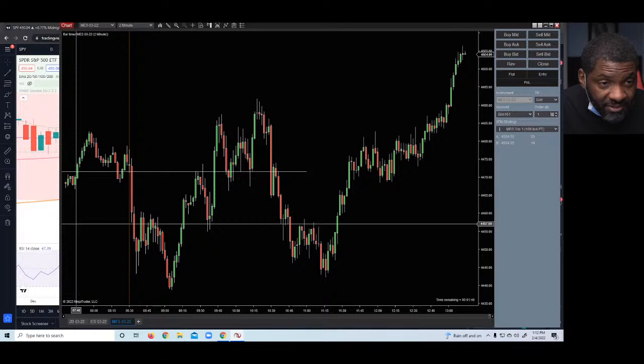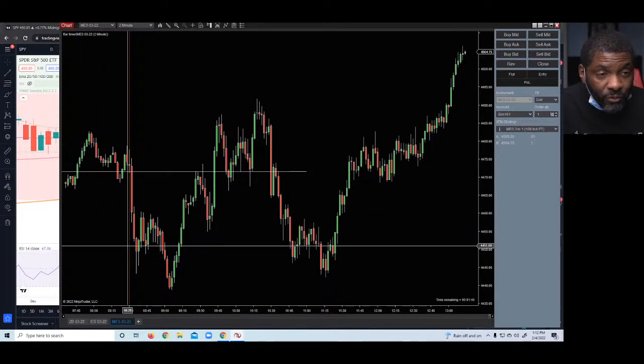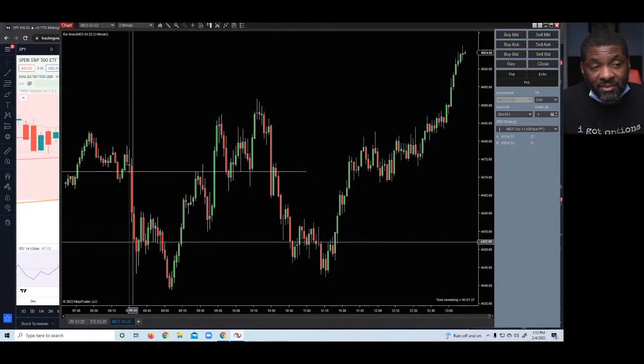Is futures and options the same? What exactly is the difference? Okay, futures and options are different because the futures you trade in contracts based off of the future value of that instrument. You're trading off the future value of the S&P 500, the future value of the Nasdaq, the future value of the Dow. So it's like you're trading contracts based off of the future value of it, and they don't have any deltas.